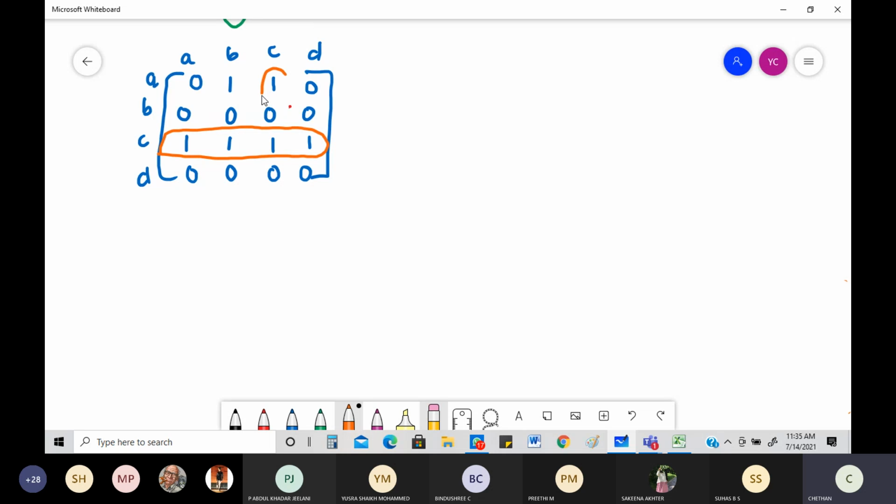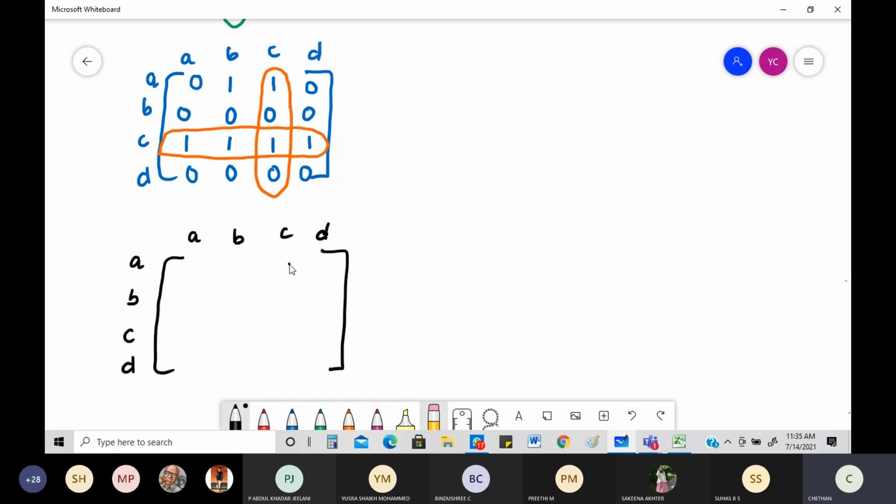Let me write that entire thing again without changing it. You got your A, B, C, D. Again, you got your A, B, C, D. What are the values that you have here? Third row, third column: 1, 0, 1, 0. Then again here it is 1, 1, 1. I'm not changing it.